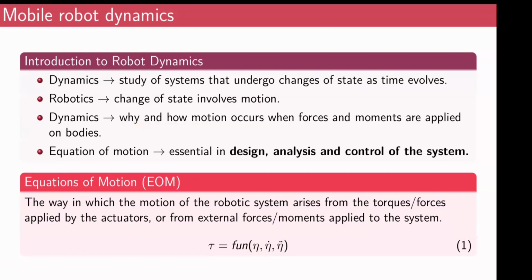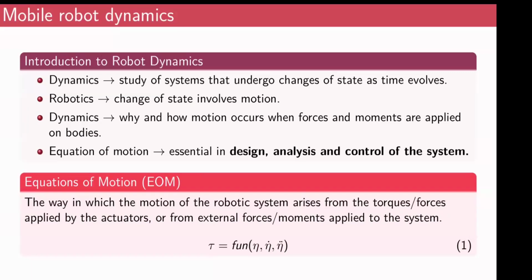If a force or a moment is applied on the actuators, or the forces need not necessarily constrain themselves within the actuators, and could act externally on the mobile robot as well. Any sort of interaction that the mobile robot has with the environment, and how it affects the state of the robot, where the state basically means the motion.